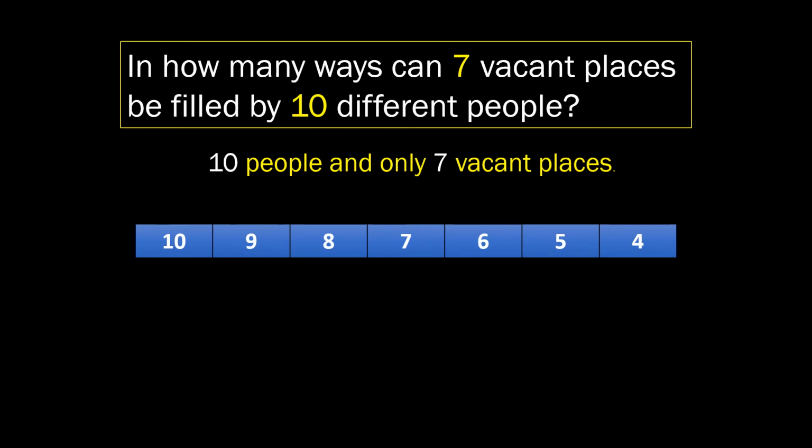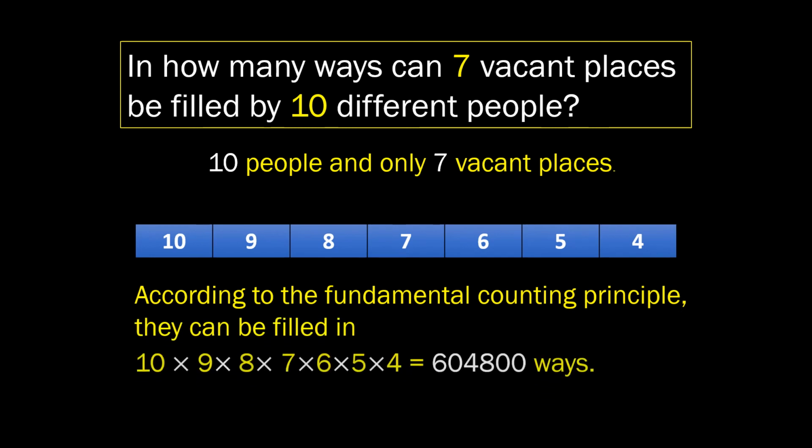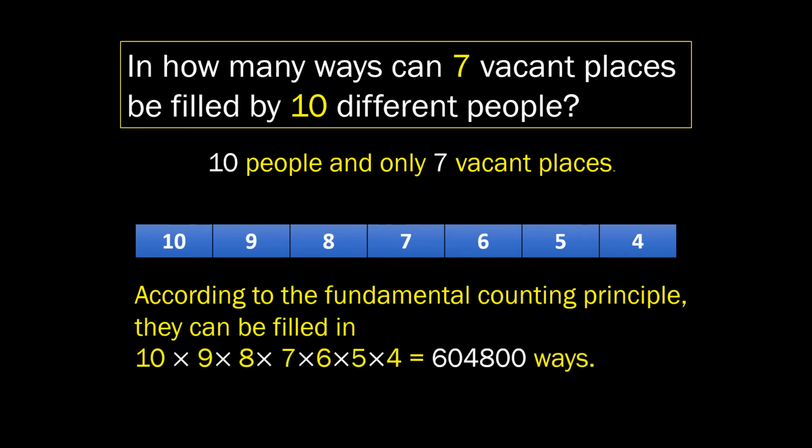According to the counting principle, we get the possible arrangements. Don't confuse yourself with the factorial here. We stop at 4. There is no 3, 2 and 1 there. So this is the number of ways: 604,800 ways. Beautiful idea.